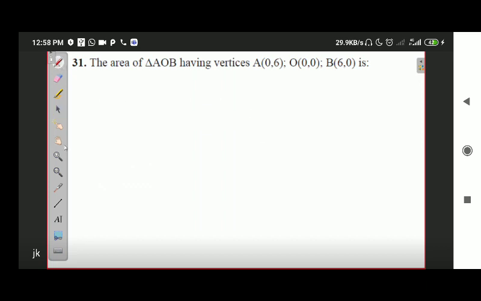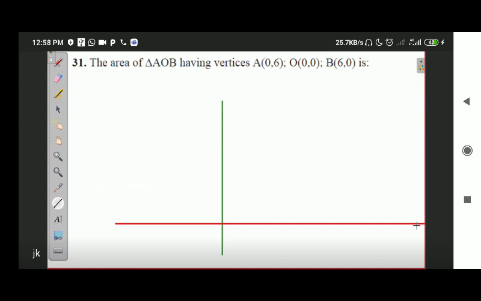So let me make a proper graph. This is the y-axis, this is the x-axis, and this point is the origin (0, 0). We have three coordinates. First, O is (0, 0).